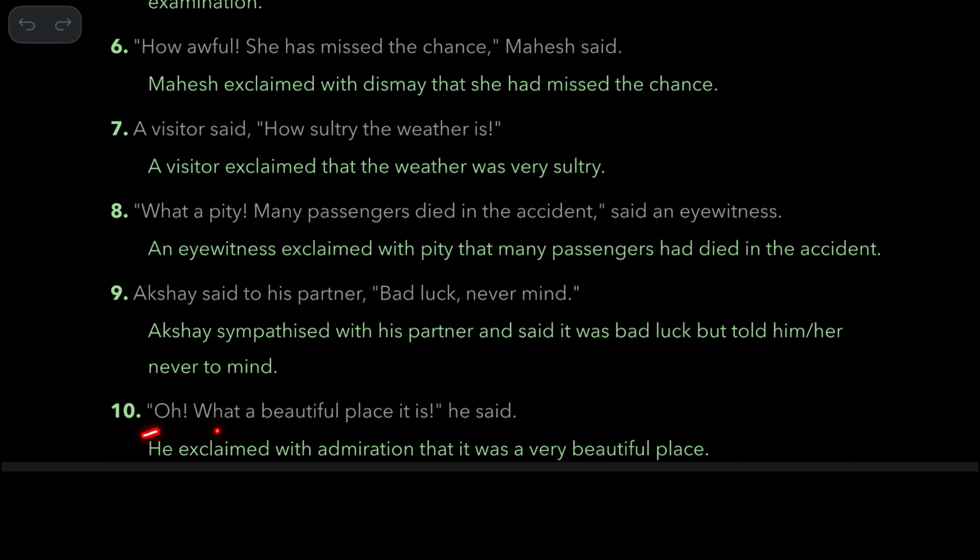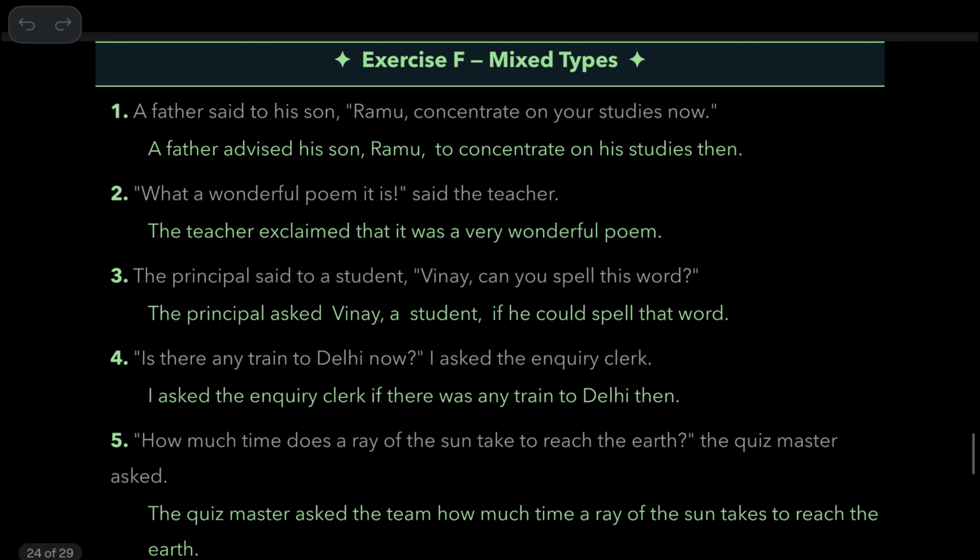"Oh, what a beautiful place it is," he said. He exclaimed with admiration that it was a very beautiful place. So, here we have all four types of sentences like statements, questions, commands or requests, and exclamations.